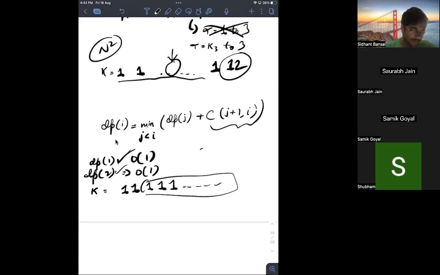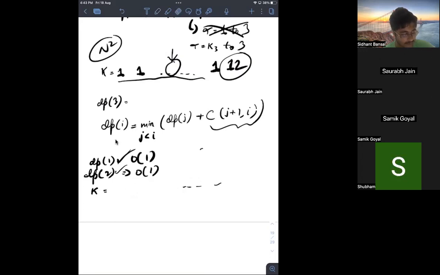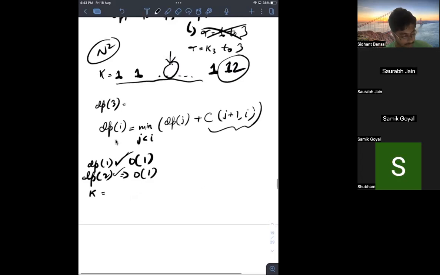So when you're calculating DP[3], notice that if you can ensure that your K[3] is calculated correctly, you're done.